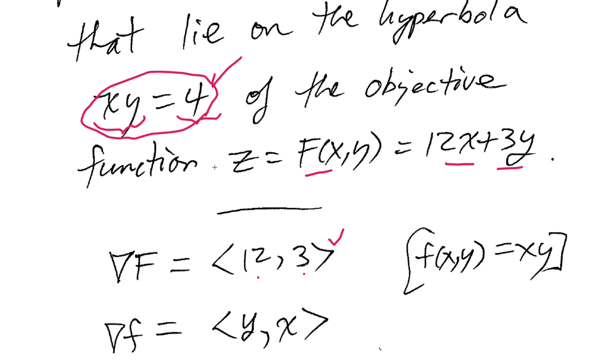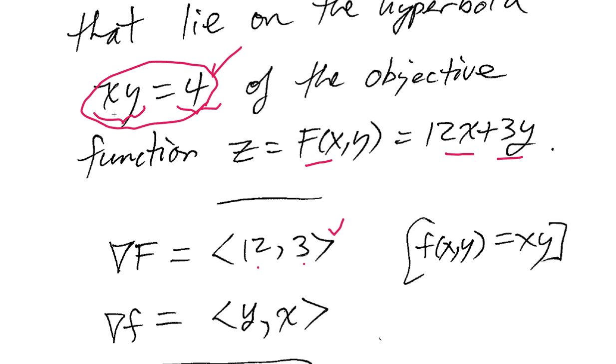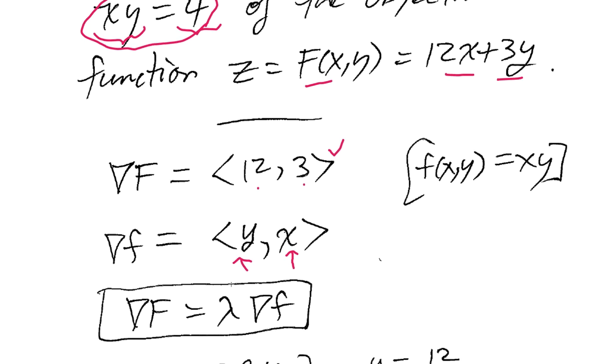The gradient of little f would be: differentiate xy with respect to x first, and you would get y. Then differentiate with respect to y, holding x as constant, and you get x. Alrighty, so we have our gradients worked out here.